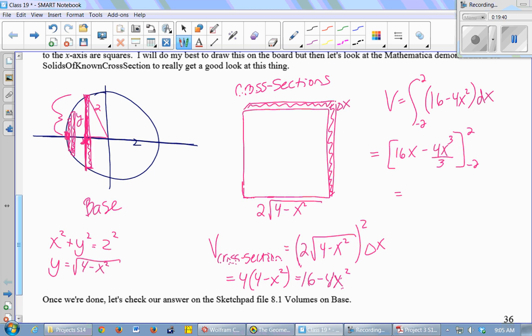So that means plug in your 2, then plug in your -2, and subtract them. Okay, and you end up with 128 thirds.